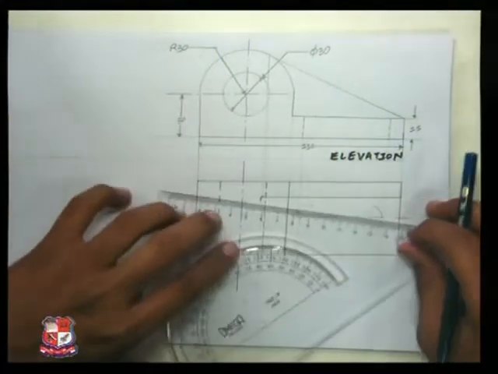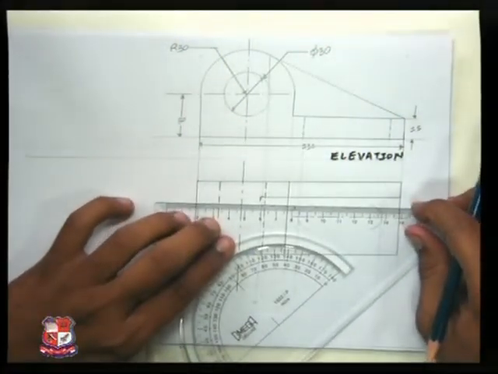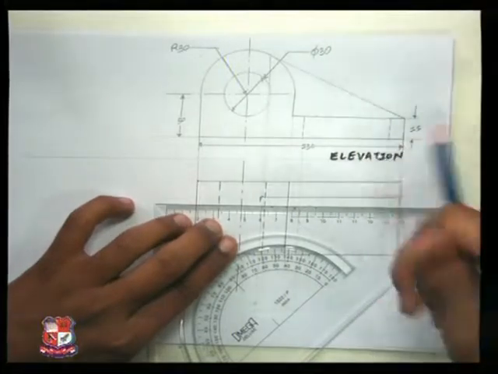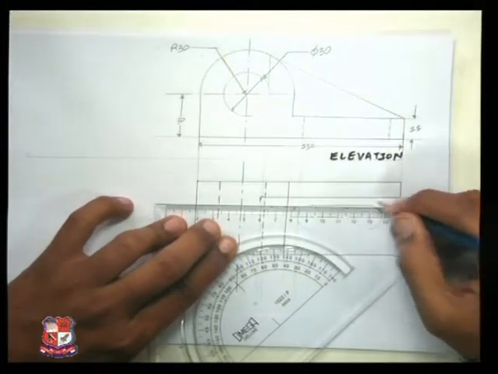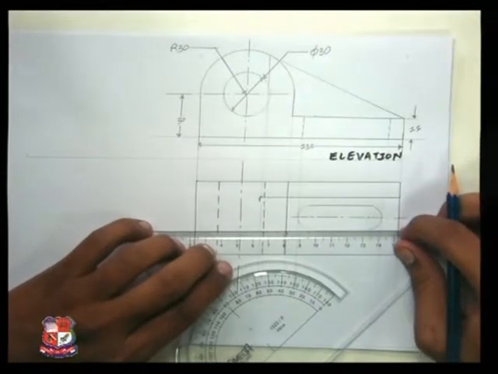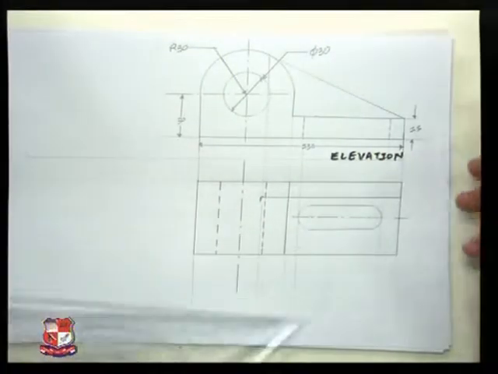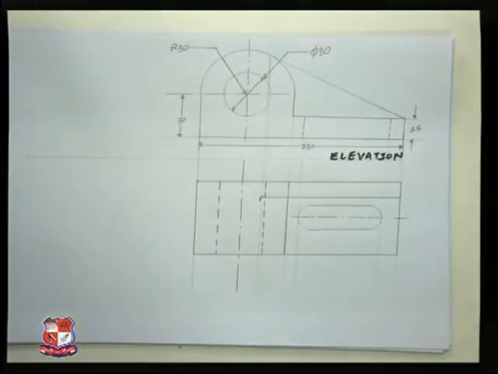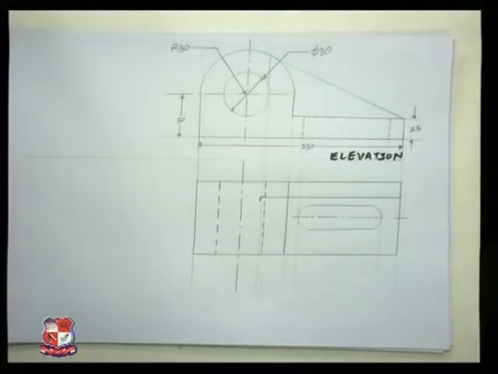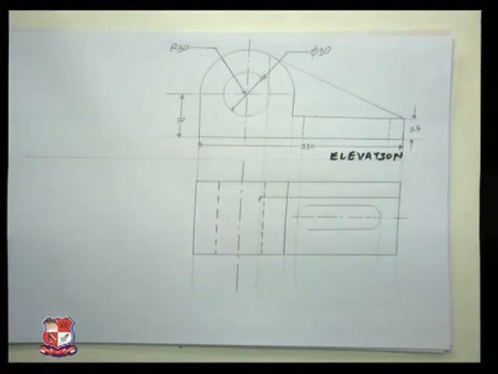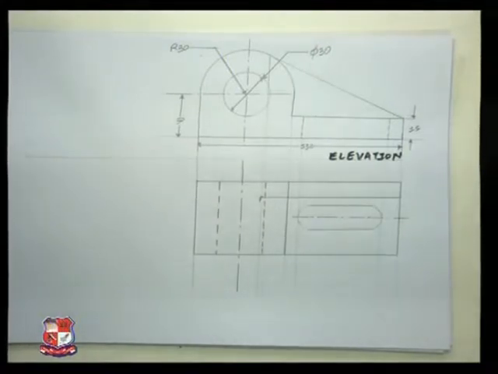Semicircles like this. Join both these semicircles with a straight line, and this is how you can draw your top view.